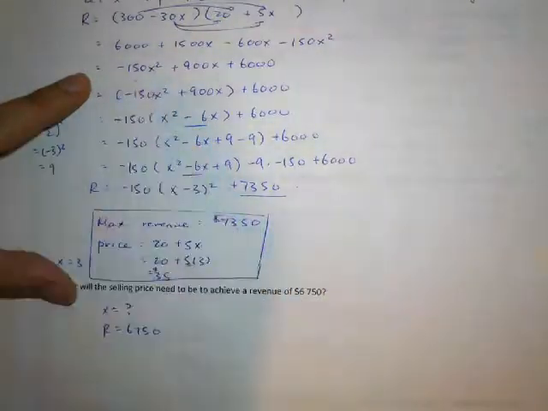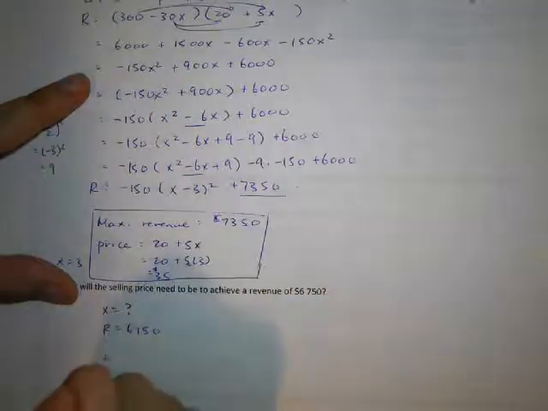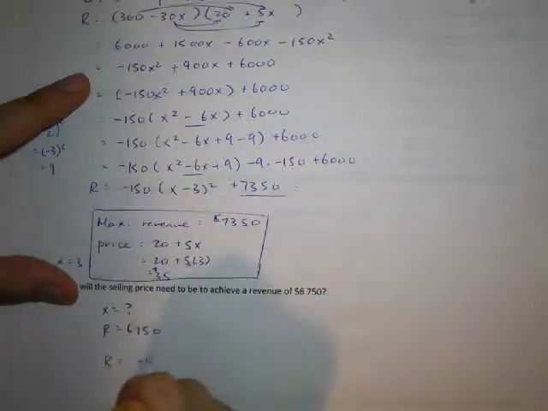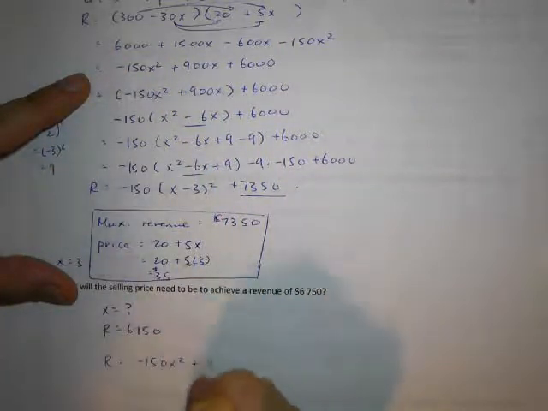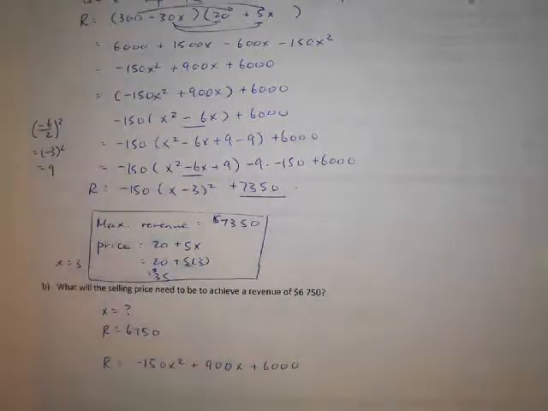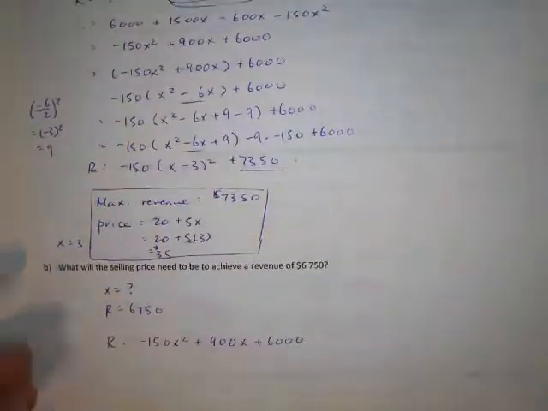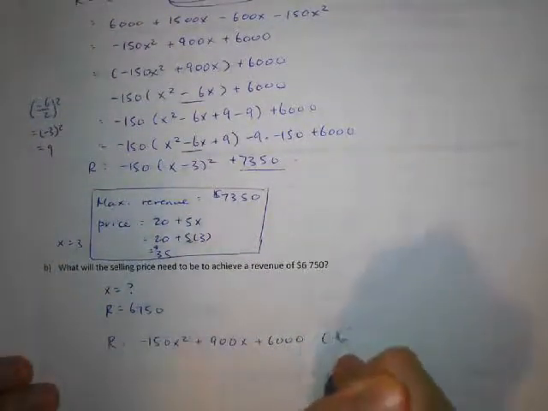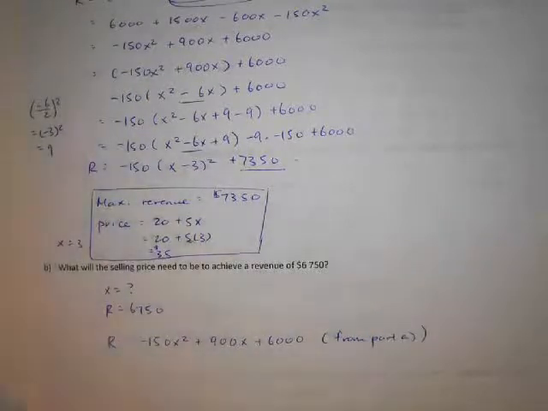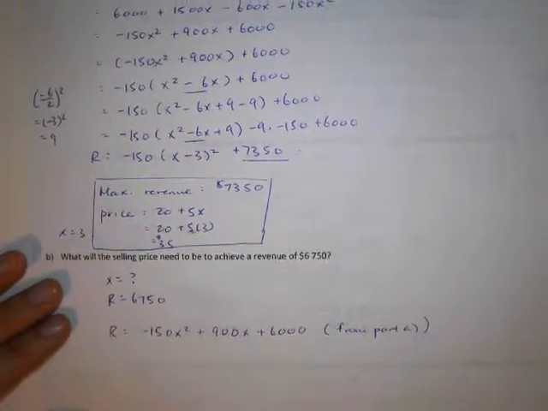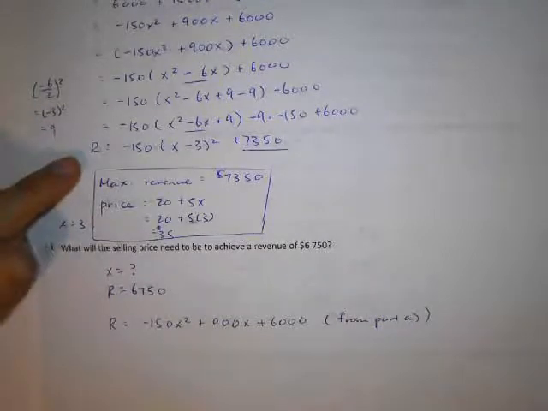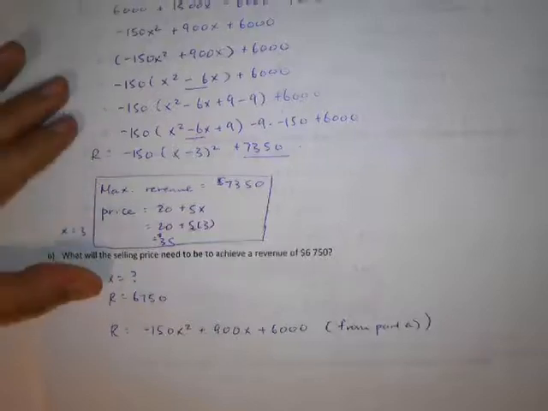Right, so from part A, we know the equation for revenue is R equals negative 150x squared plus 900x plus 6,000. That's from part A. Again, you can always pick the one in vertex form as well to solve, but I just pick the one in standard form.